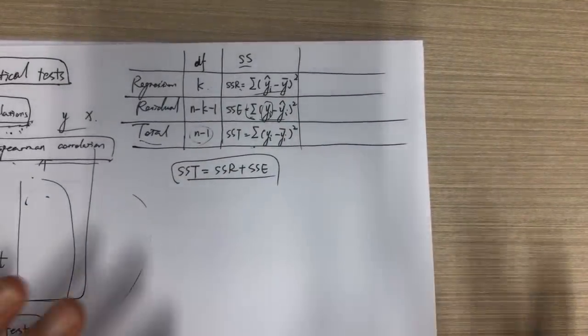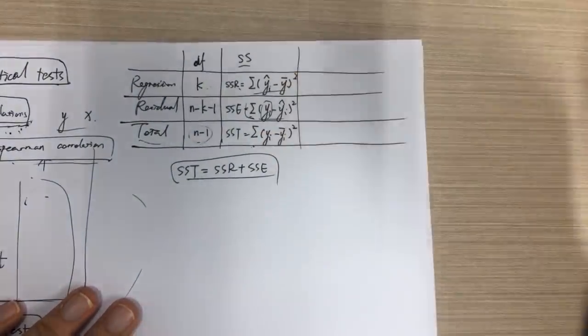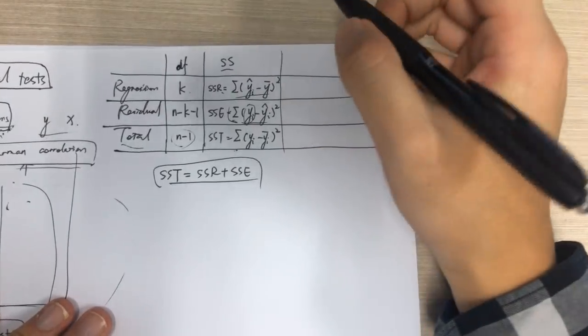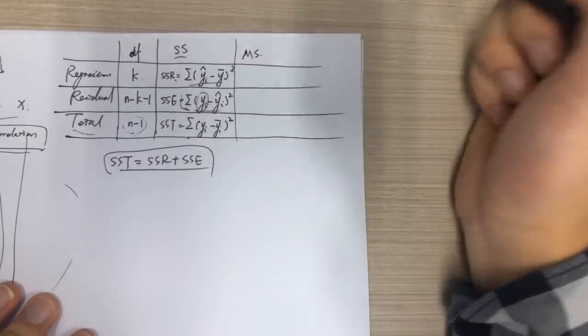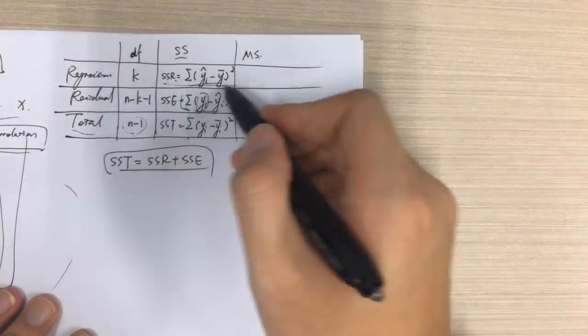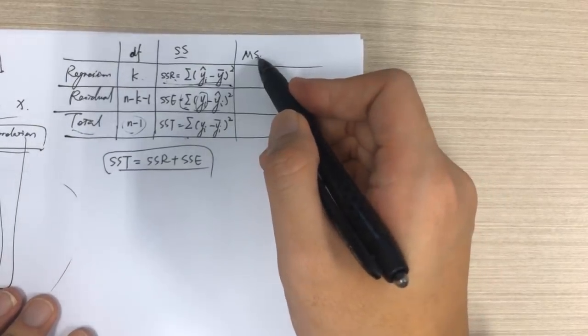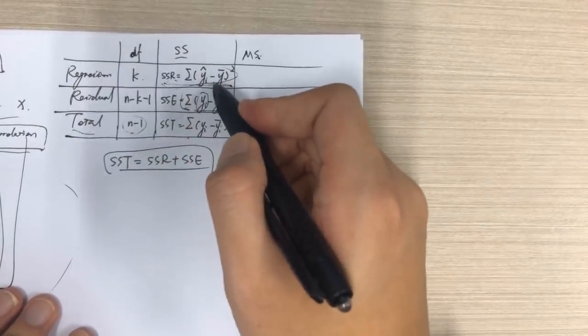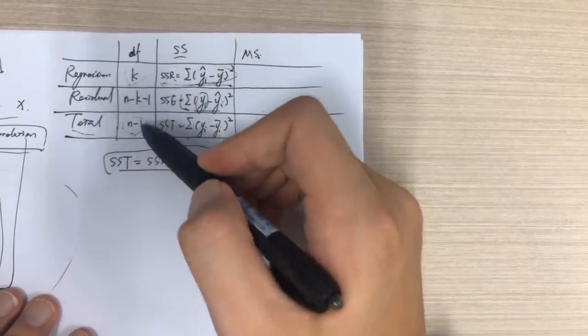Okay, so that's the first column, the sum of squares and degrees of freedom. And the next column is our mean square. The mean square is just taking an average of the sum of squares, and we call it mean square. By taking the average, we divide every sum of squares by its degree of freedom, right?